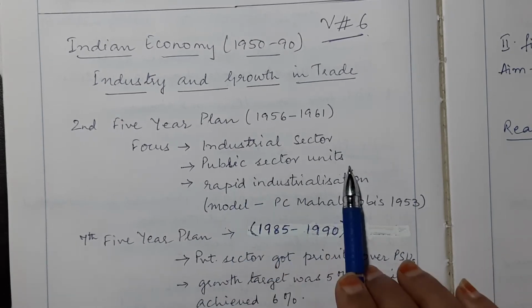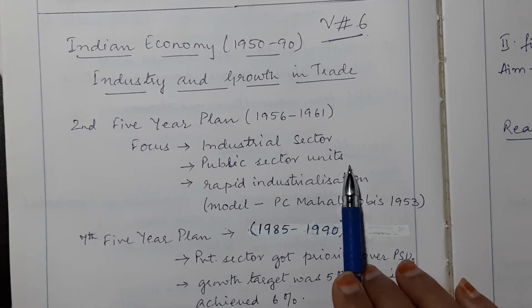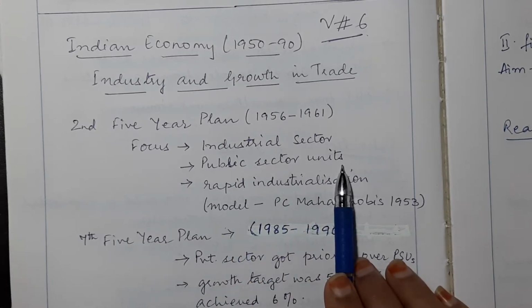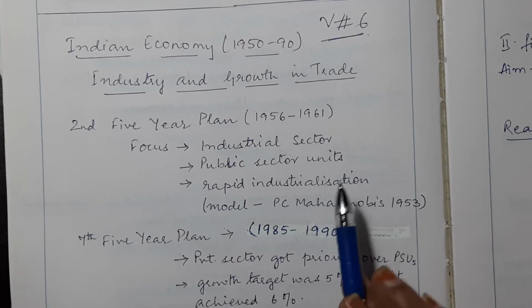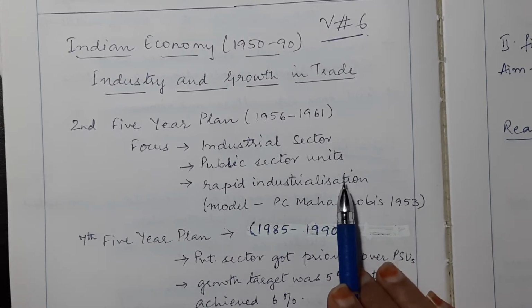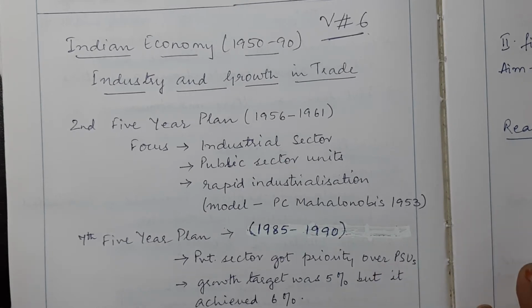Public sector units were given more importance because at that point of time we needed social justice or social welfare. Hence these public sector units, which were backed by the government, were given more importance than the private sector because we were not ready for profit maximization. The private sector units look into profit maximization.